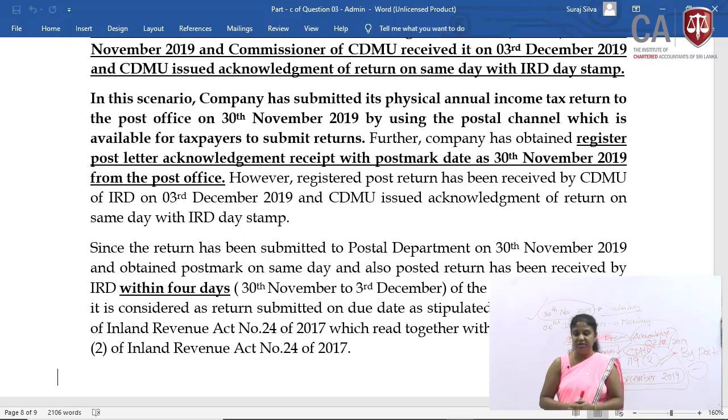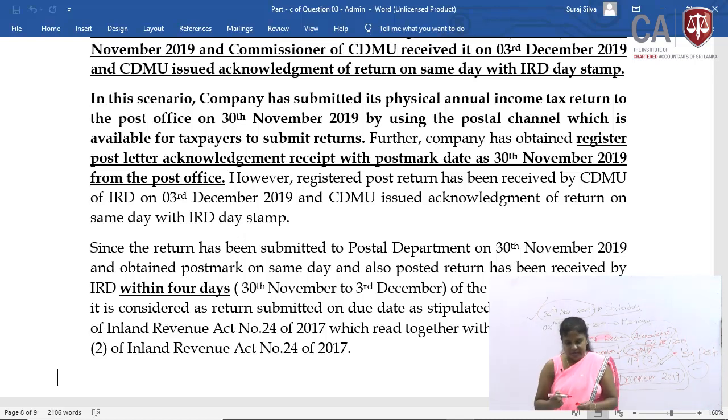Then the conclusion: since the return was submitted to the Postal Department on 30th November 2019 and obtained a postmark on the same day, that means 30th November, and the posted return was also received by IRD within 4 days, that is why this provision is really important.